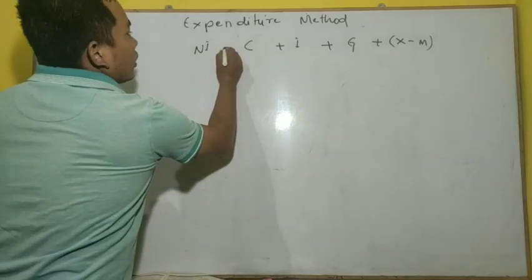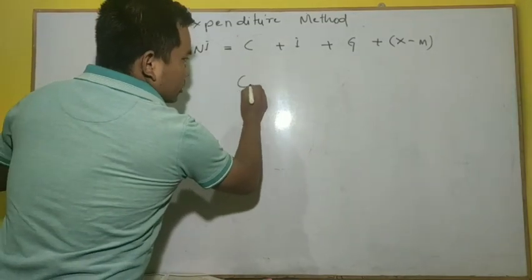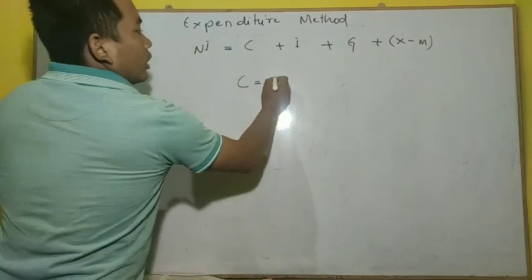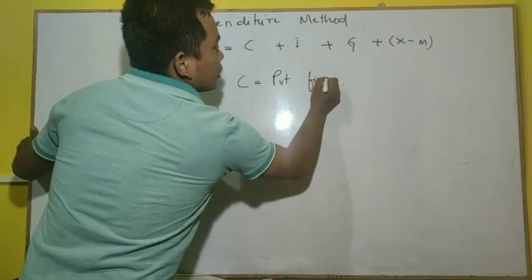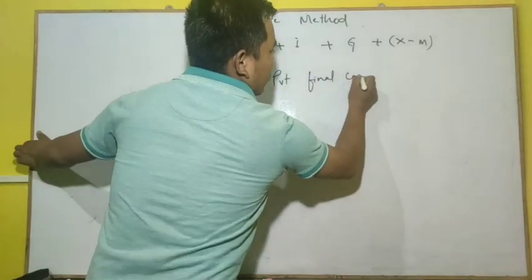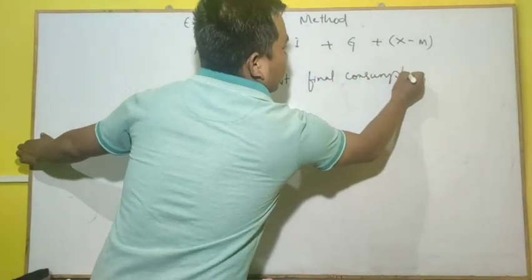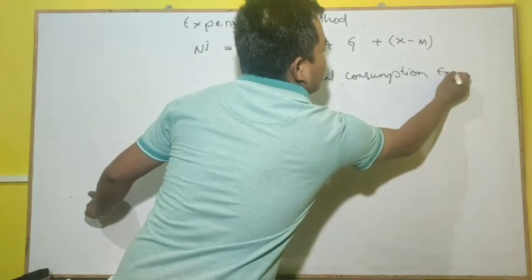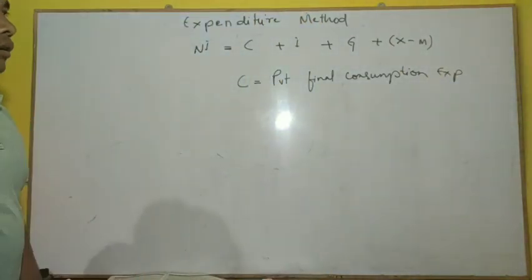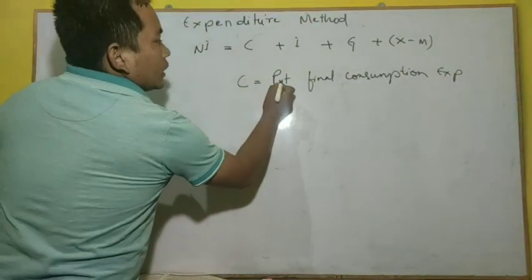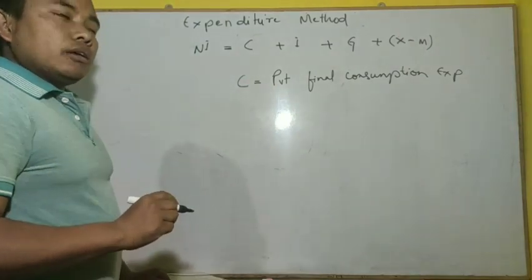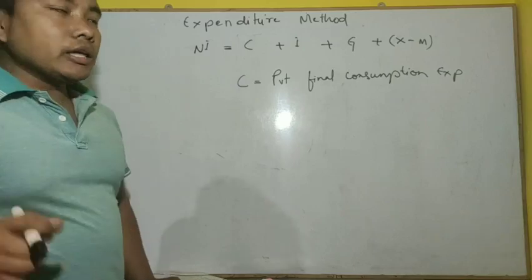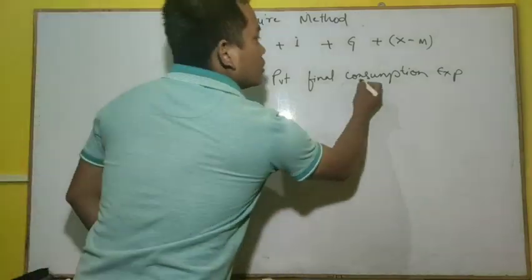First, let's go to C. C refers to the private final consumption expenditure. Remember, C represents the amount of money spent by individuals and households like us on consumption.